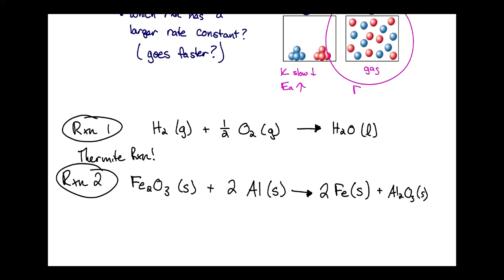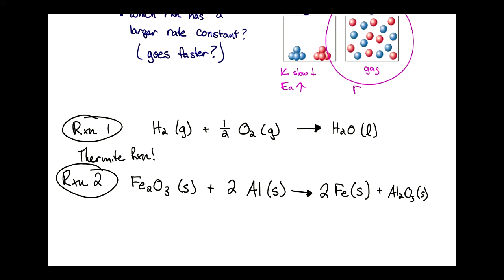It is also quite exothermic. It's really cool. But notice how much harder it is for me to get this reaction started. So what I have in this flower pot is rust, so iron oxide solid, and aluminum solid. I didn't do it, someone else did. They ground them together.